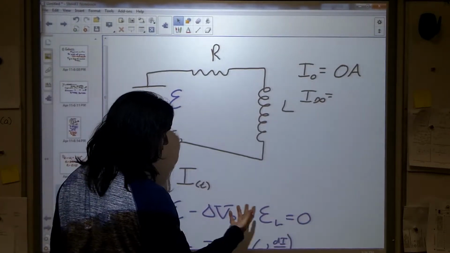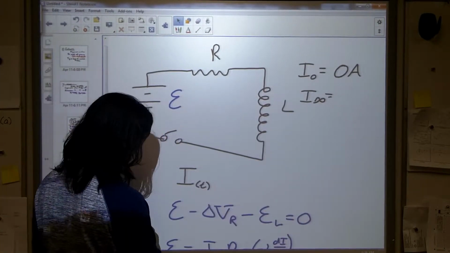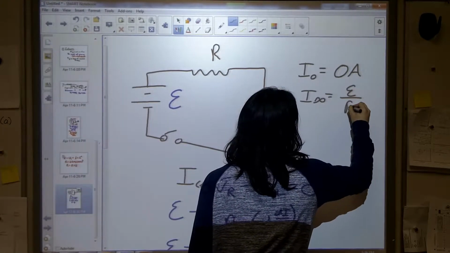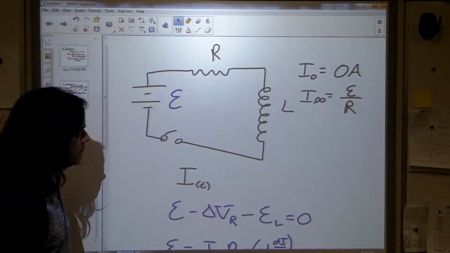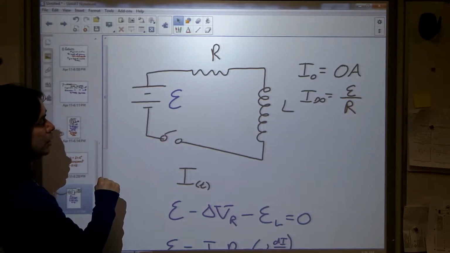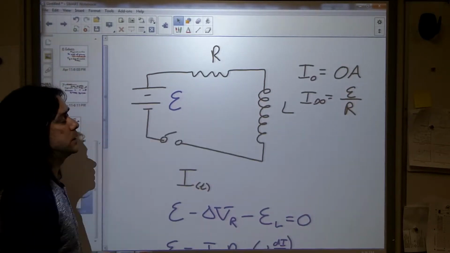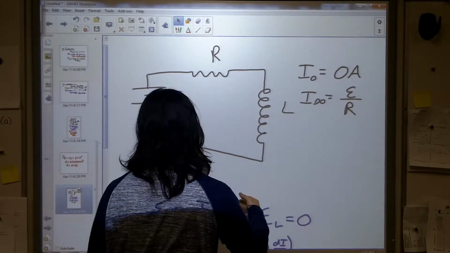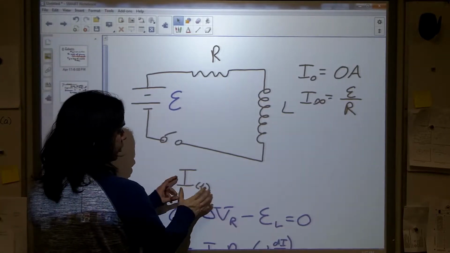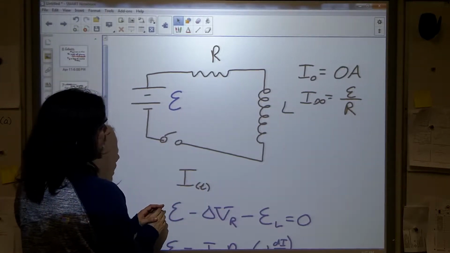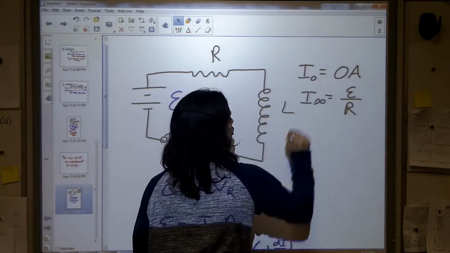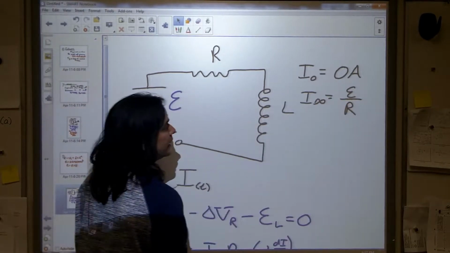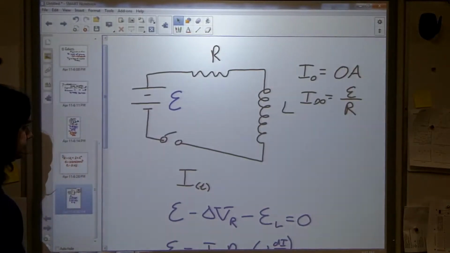It's going to be equal to delta V over R. These are things I'm going to use later to check my boundary conditions. In other words, if I put in t equals 0 into whatever equation I get for current as a function of time, do I get 0 amps? And if I put in t equals infinity, do I get ε divided by R?